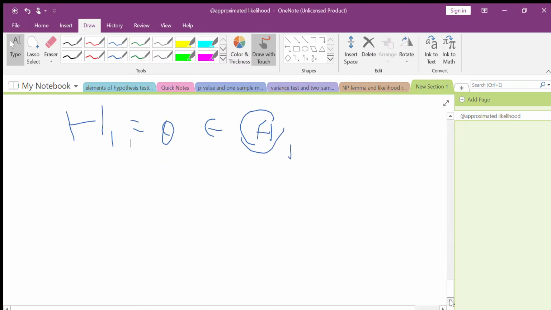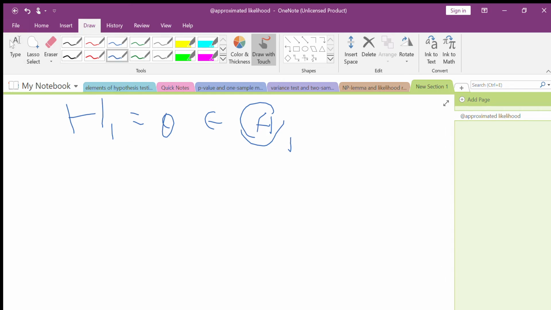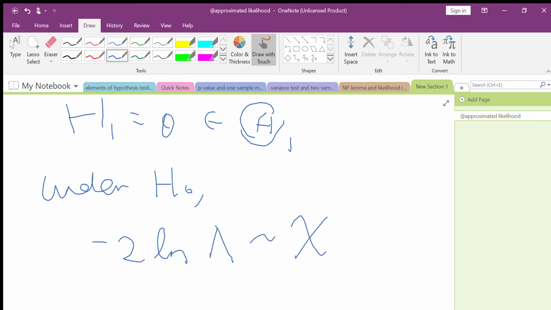Then what the theorem says is, under the null, negative 2 log capital lambda follows chi-squared with r minus r0 degrees of freedom, enlarged. So this is the theorem.